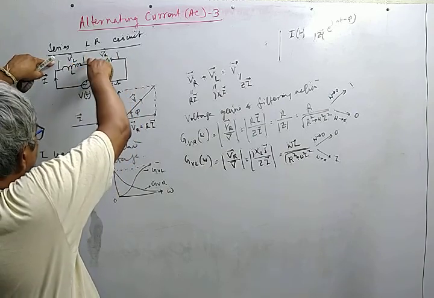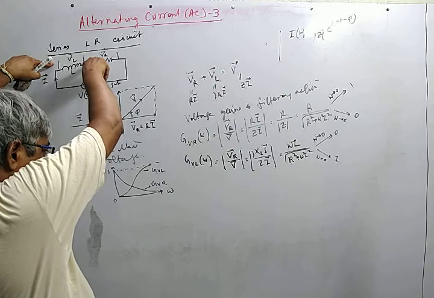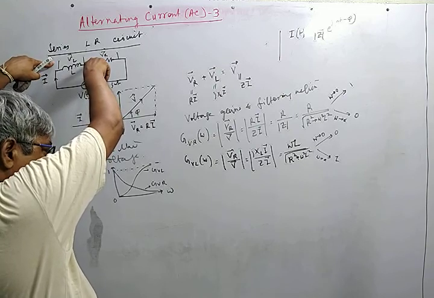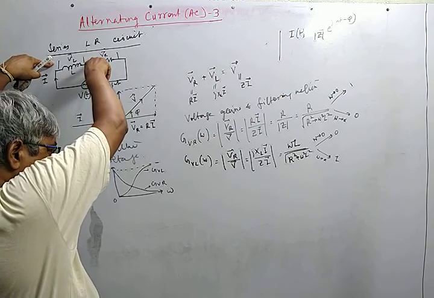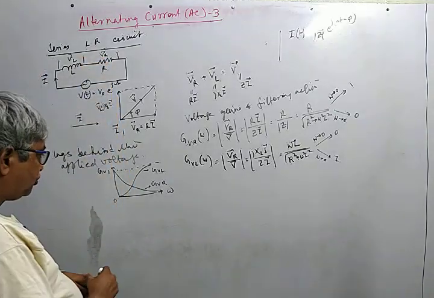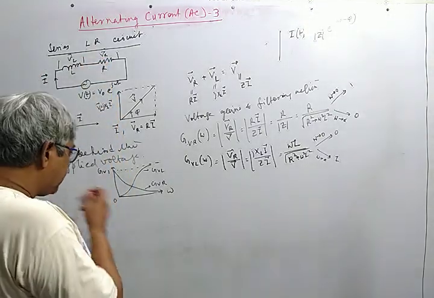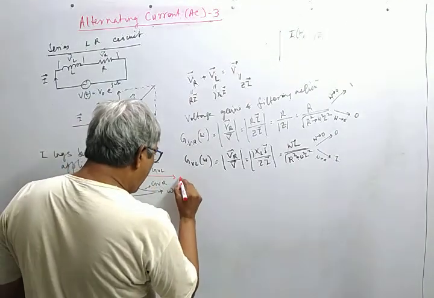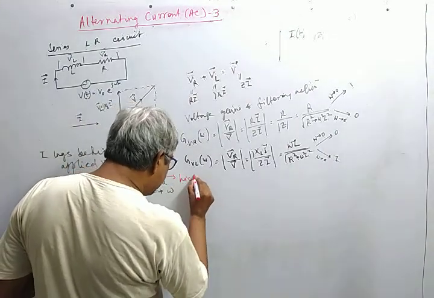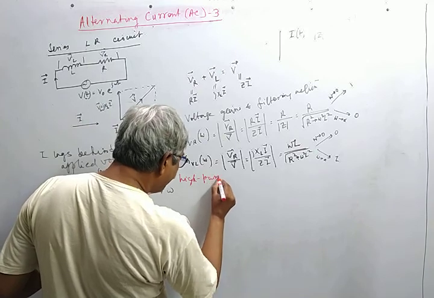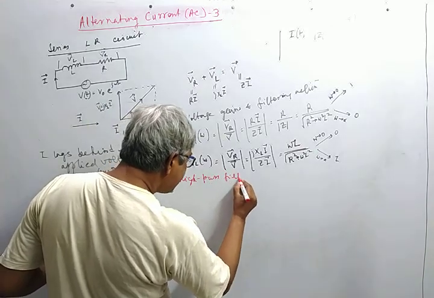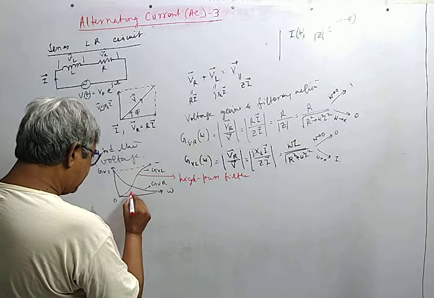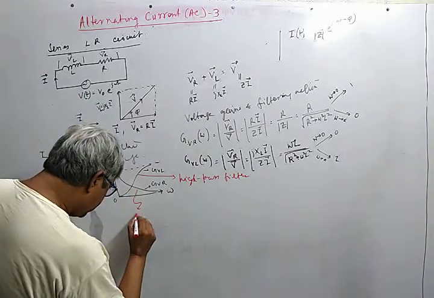On the other hand, the voltage gain across the inductor is low at low frequencies and becomes appreciable at high frequencies. So it acts as a high pass filter, that is, high frequency signals are passed easily, and the resistor acts as a low pass filter.